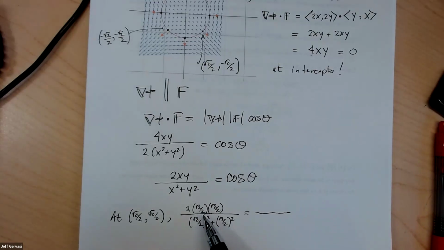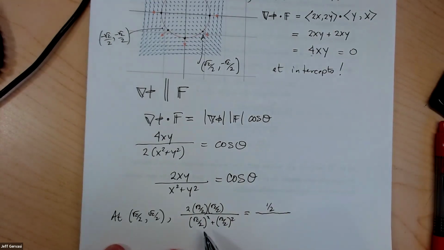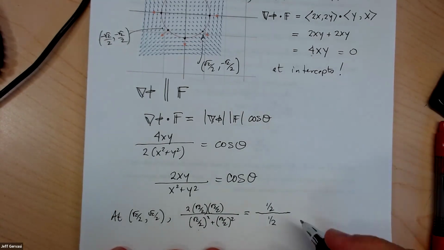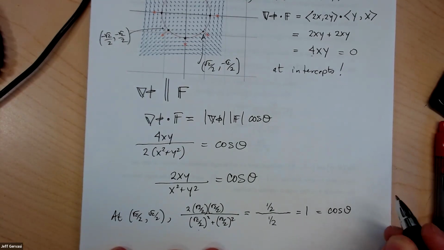All right, so square root of 2 over 2 squared is going to be what? 2 over 4 times 2, which is a half. Down here, we're going to have a half plus a half, which is equal to 1, which is equal to the cosine of theta.